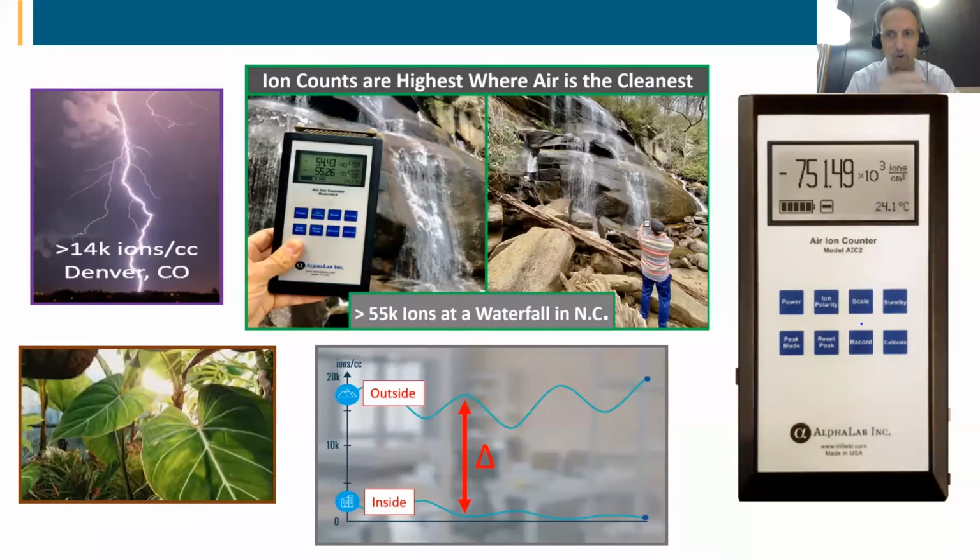We want to give the indoor air a fighting chance to potentially be as clean as the air outside the building, and more so the air at the ocean, where the ocean meets the sand, and at mountaintops where the ion concentrations are considerably elevated.